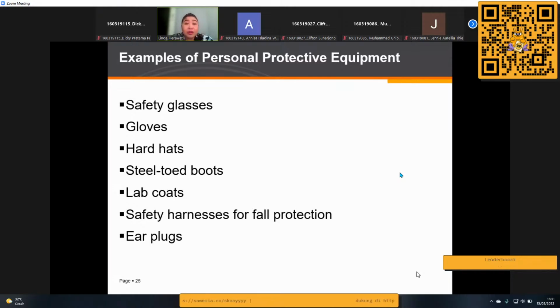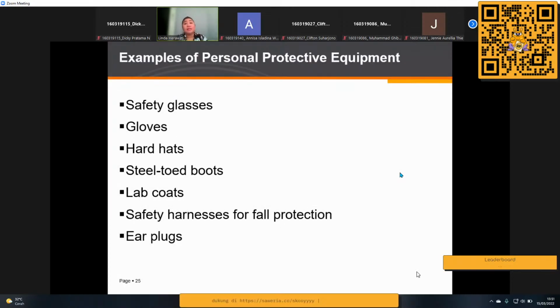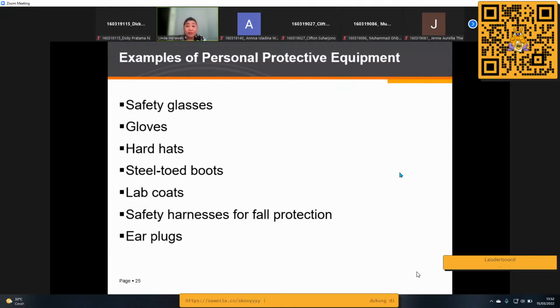This is the personal protective equipment that we have to prepare if we find that the guard of the machine, the system of the machine, is not properly safe for your operation. Okay, this is about mechanical safety and also the guard from the machine.